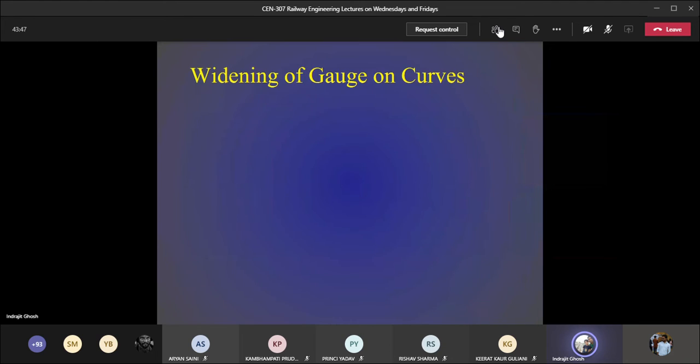No? This is widening of gauge. Okay. In highway engineering, you heard the term widening of the road at the horizontal curve. There are various reasons, mechanical and psychological.